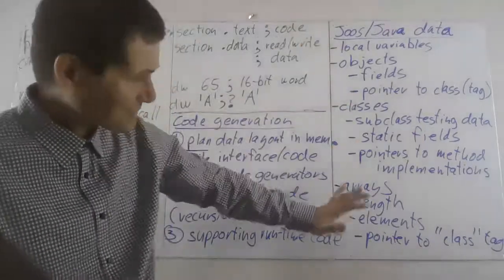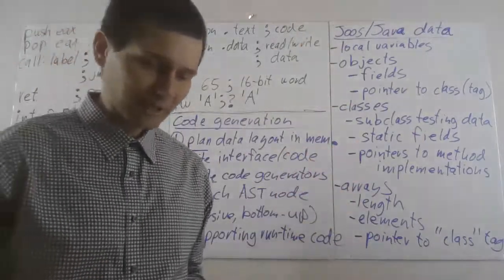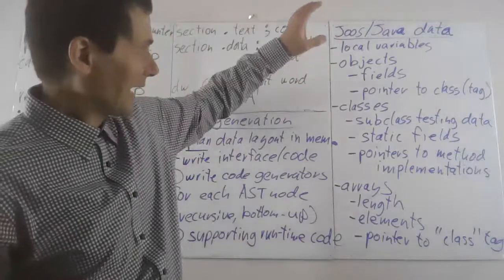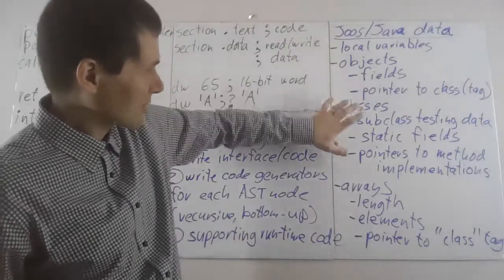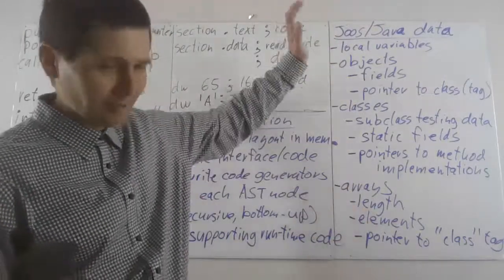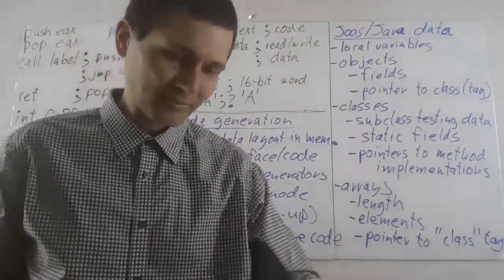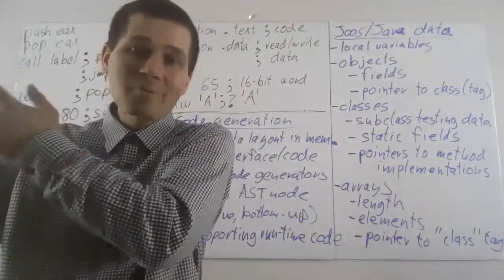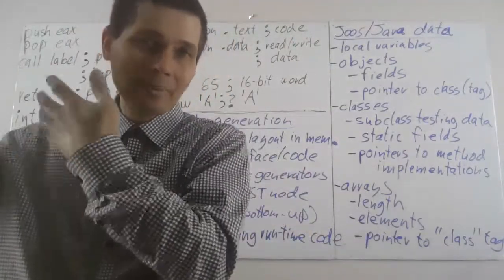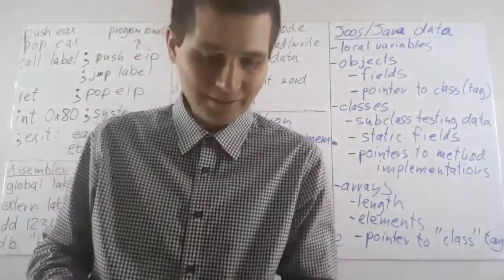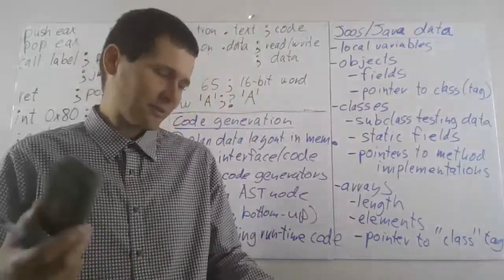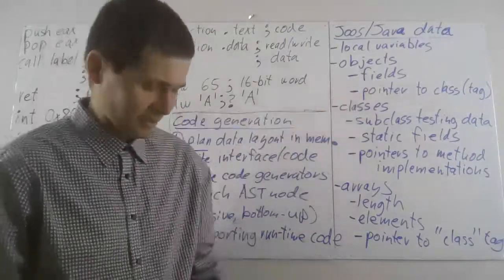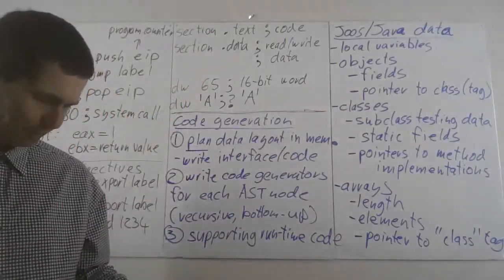Okay, so we're going to have to go into the details of how to organize objects, classes, arrays and local variables. I will go into details, but not until next week.